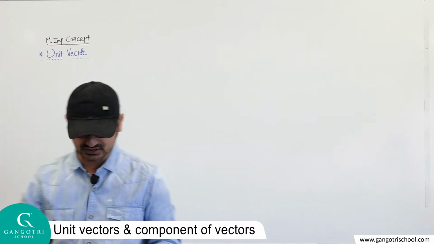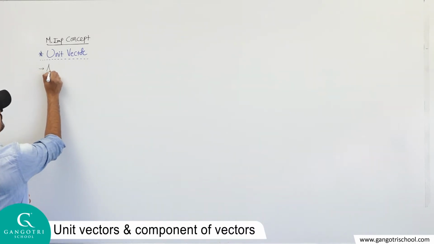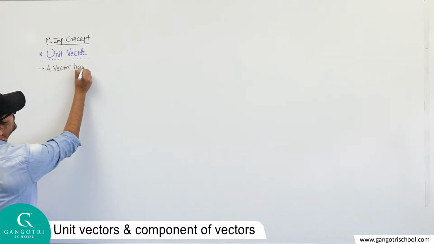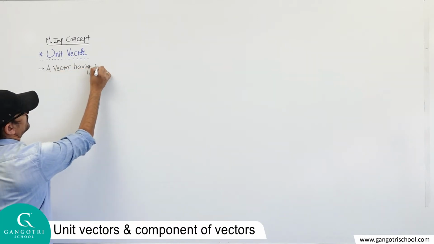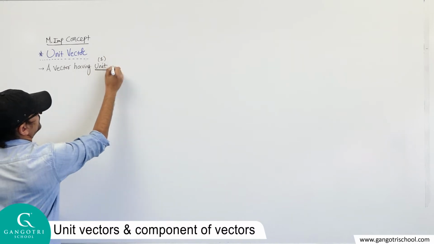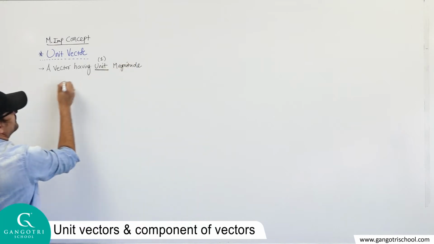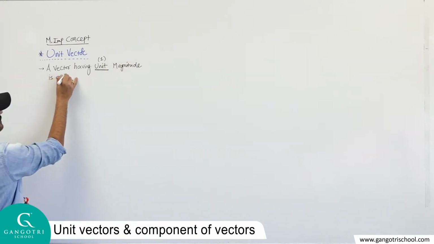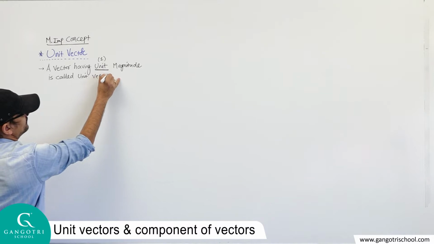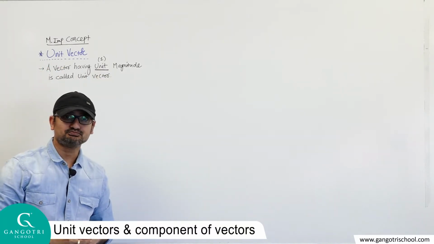So the definition of this word is: a vector having unit, meaning 1, a unit magnitude, is called a unit vector. It's a simple definition of this word.